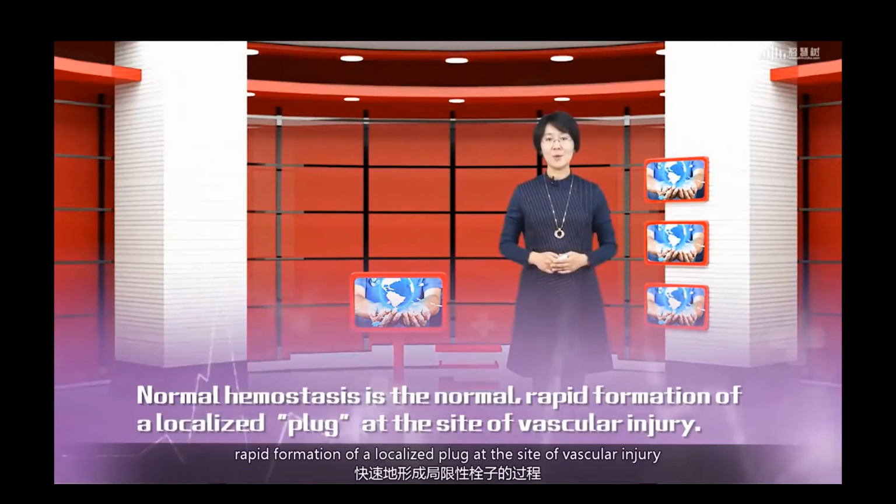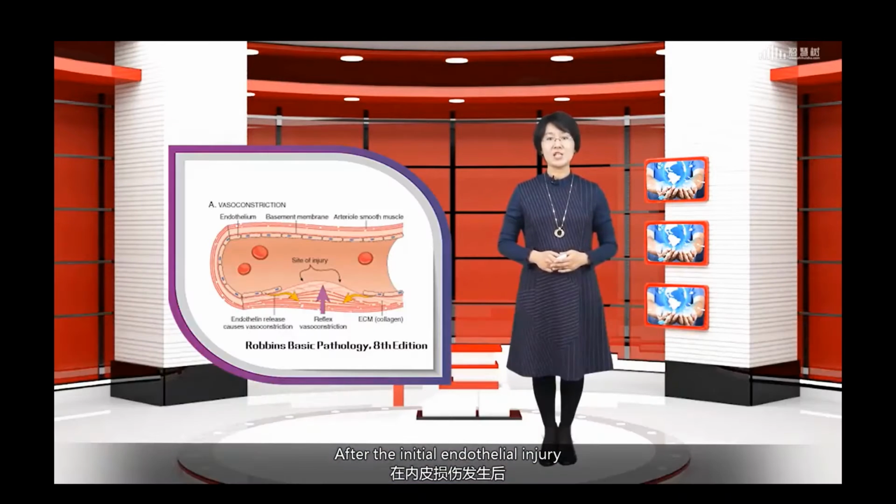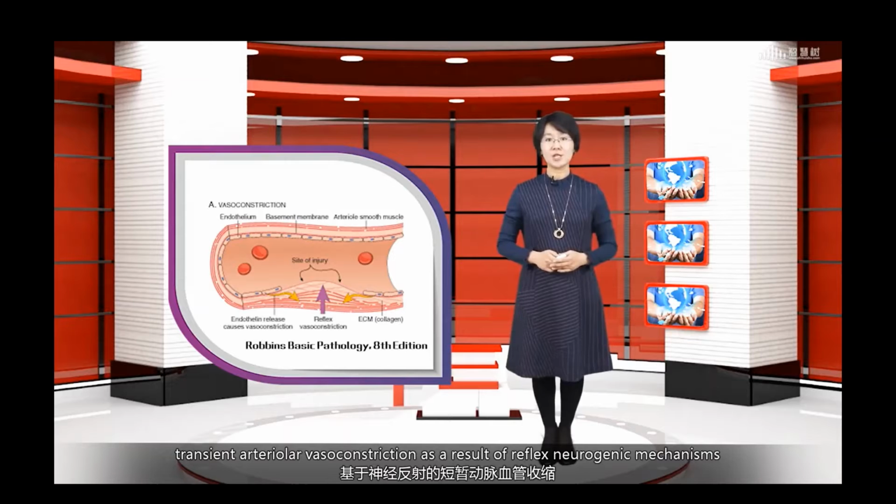Hemostasis is a normal, rapid formation of a localized plaque at the site of vascular injury after the initial endothelial injury. The first event is transient arteriolar vasoconstriction as a result of reflex neurogenic mechanisms.